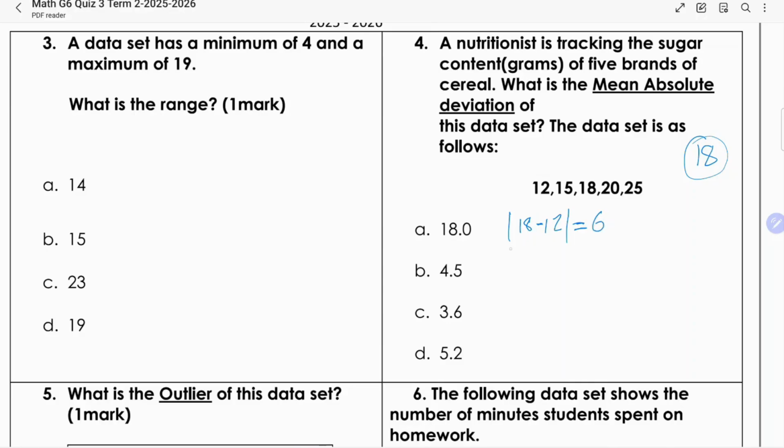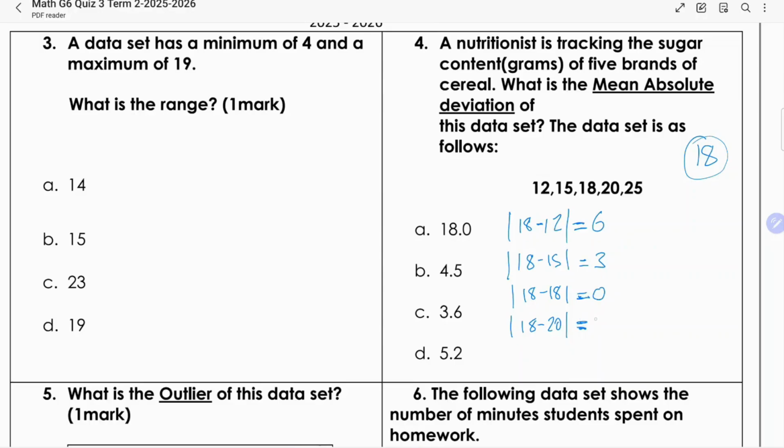which is 6. 18 minus 15, which is 3. 18 minus 18, which is 0. 18 minus 20, which is negative 2, but we're only interested in positive values because we're taking the absolute deviation of it.